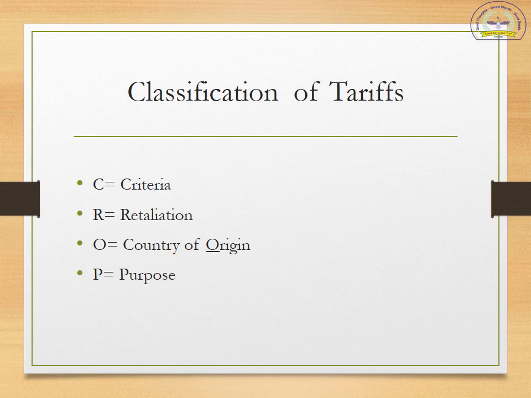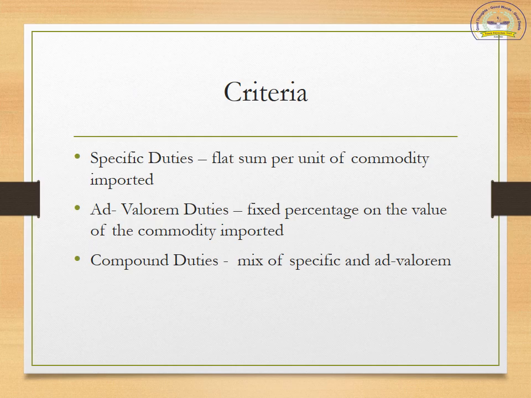The tariff barriers can be classified as per criteria, retaliation, country of origin, and the purpose of imposing the tariff barrier. The tariff barriers based on criteria are specific duties, ad valorem duties, and compound duties.